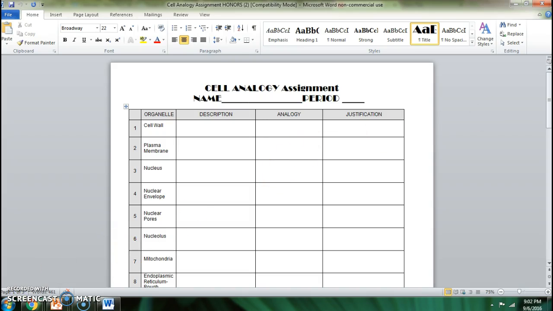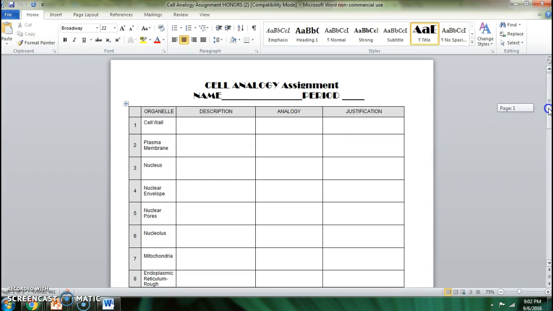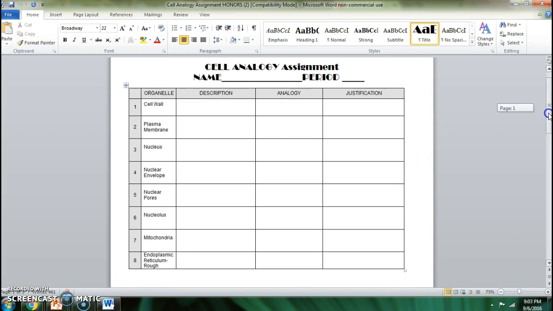Alright, so the last item, this is what you're going to finish out the class with. You are going to fill this sheet in as neatly as possible. It does not need to be complete sentences, but you're going to give a description of what a cell wall is. Then you're going to do an analogy and then a justification explaining your reasoning behind that.